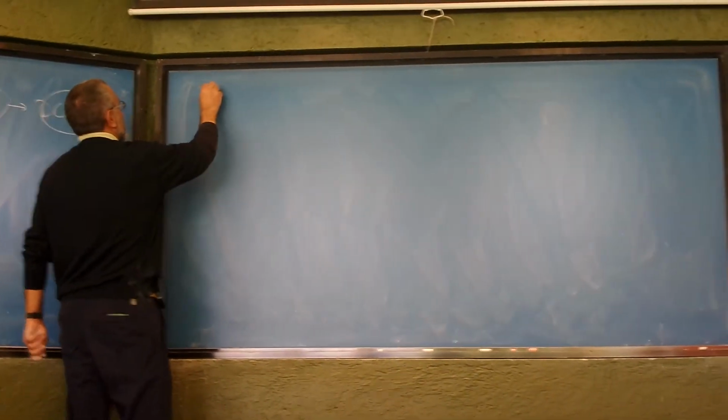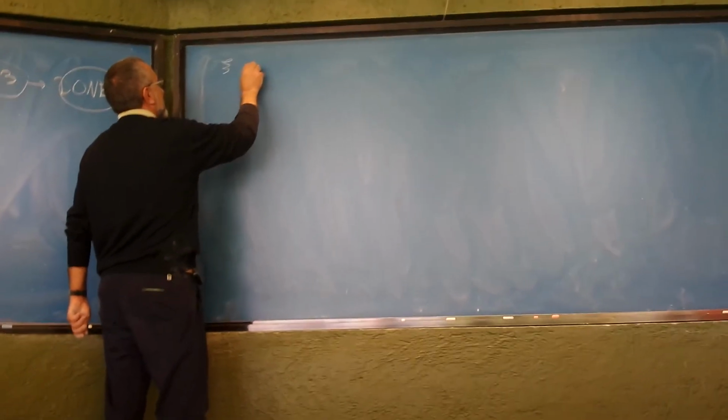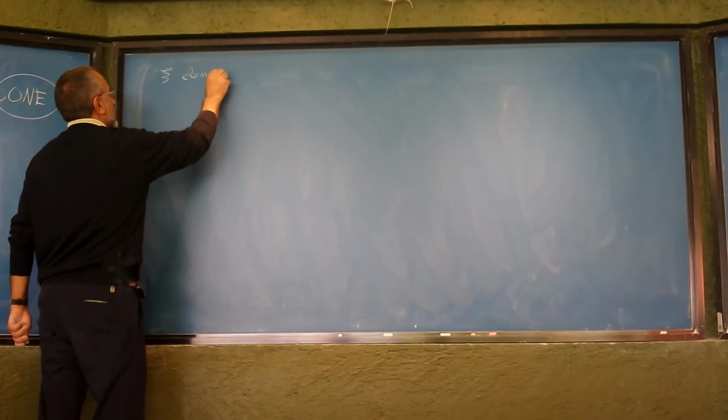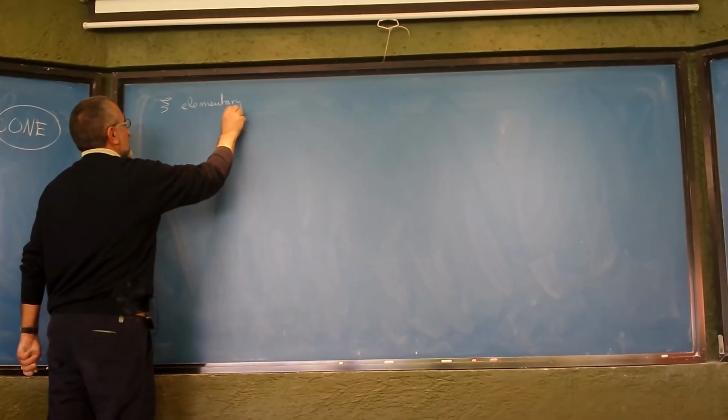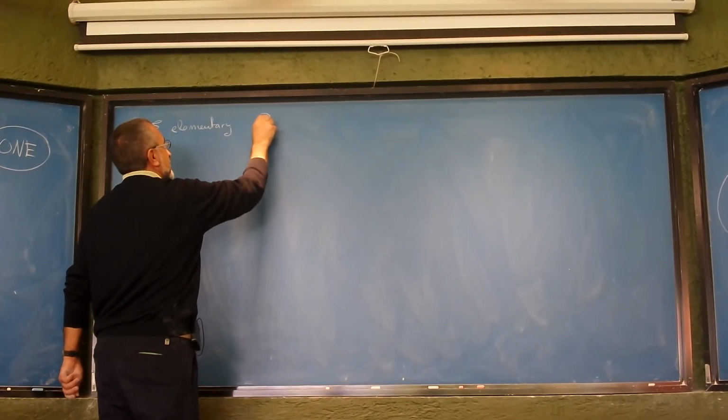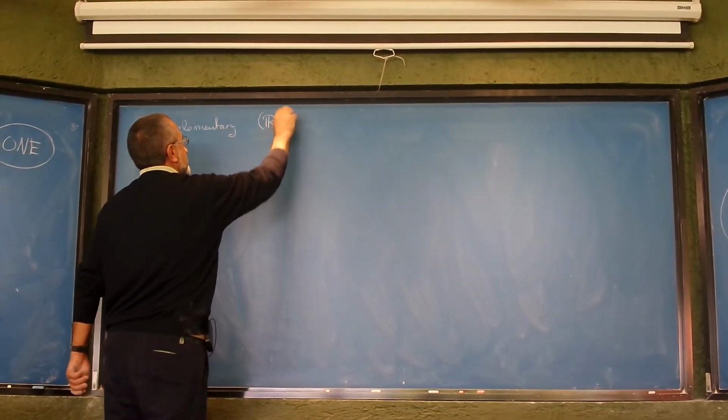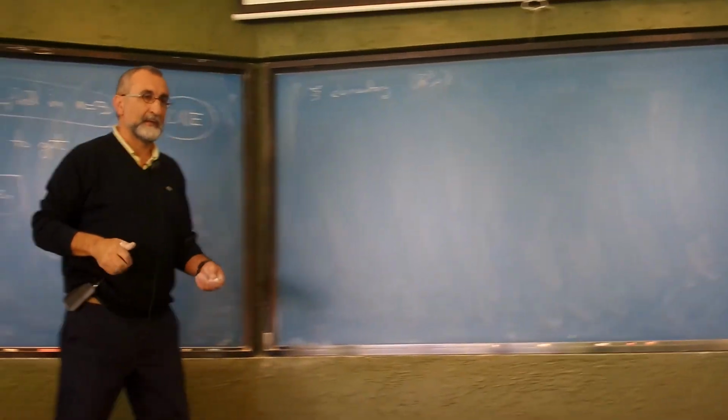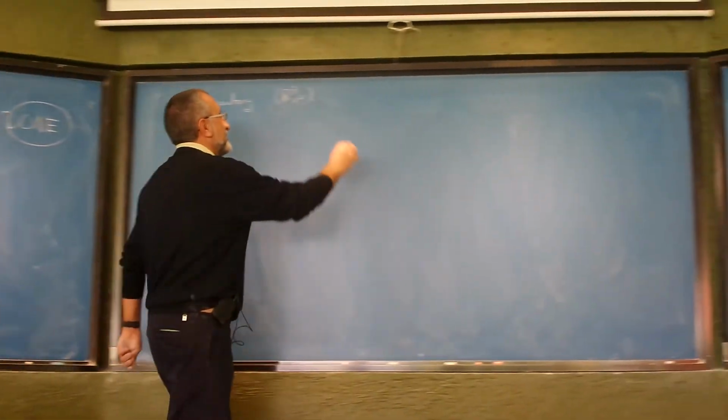So you assume now that gamma is elementary. A vector field in R^3 with a singularity at 0, and we have our trajectory gamma.